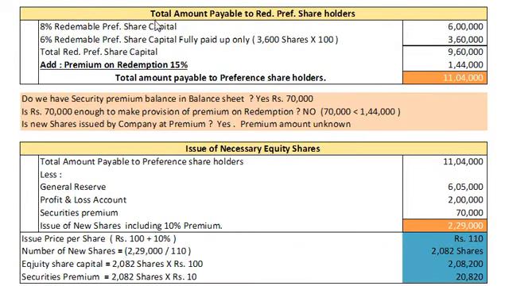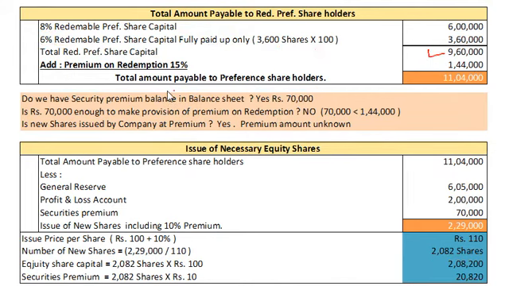Here are some workings. First of all, we will decide the total amount payable to redeemable preference shareholders. First, 8% redeemable preference share capital, which is fully paid up, rupees 6 lakh. Second, 6% redeemable preference share capital, only fully paid up shares, that is 3,600 shares multiplied by rupees 100, so amount 3 lakh 60,000. So total redeemable preference share capital amounts to 9 lakh 60,000.